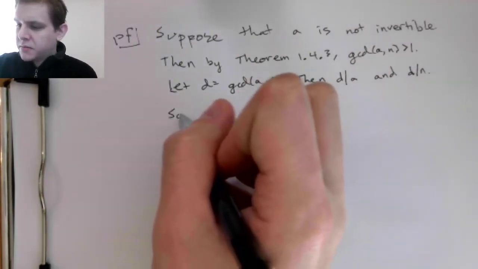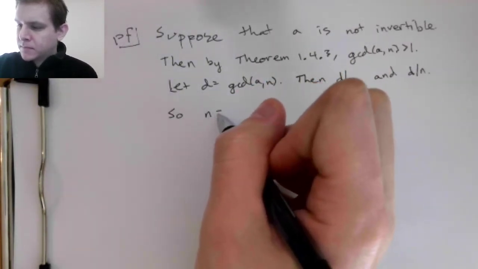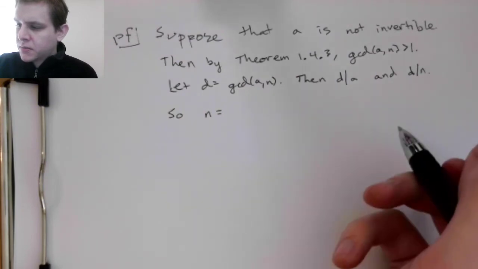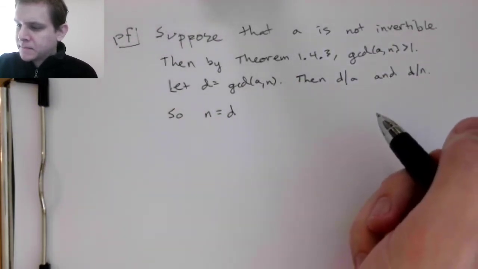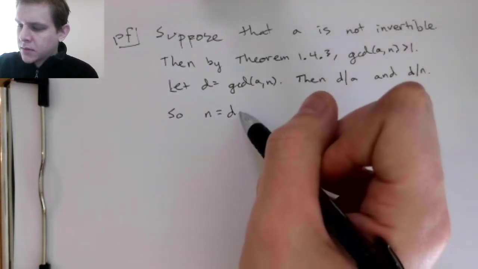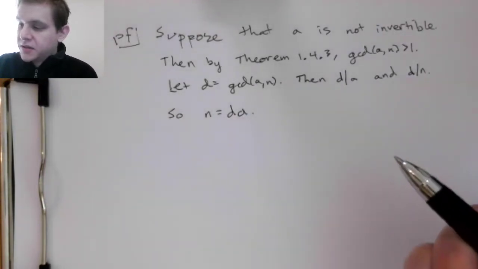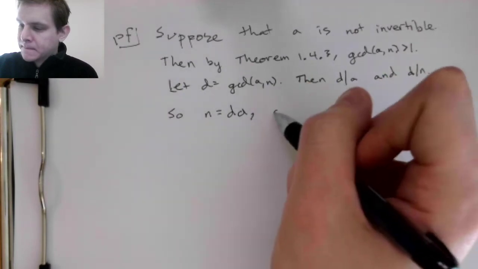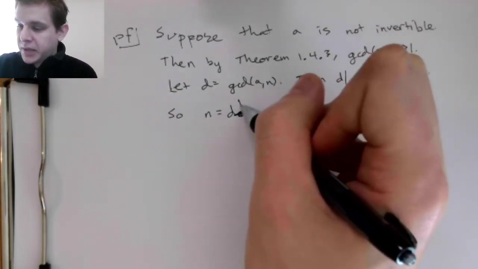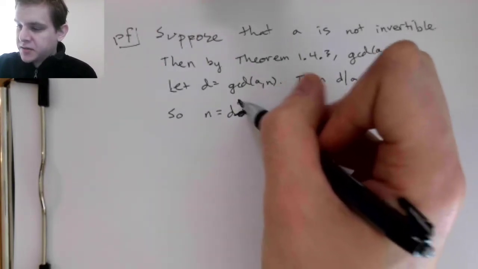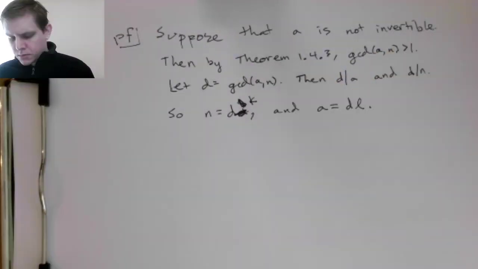So n is equal to D times something, because D divides n, and A, sorry, so I need a new letter, B, K, let's use K. Right.